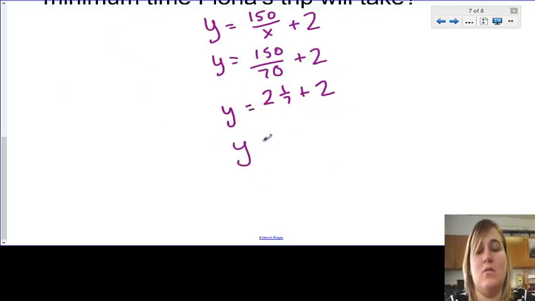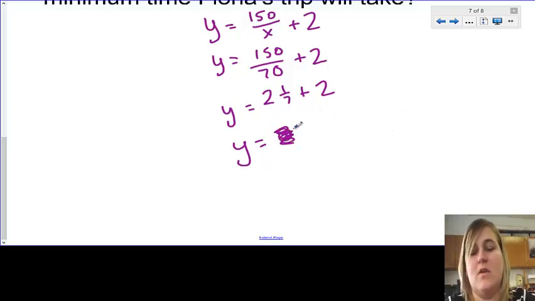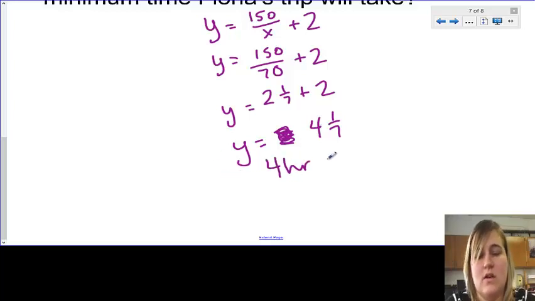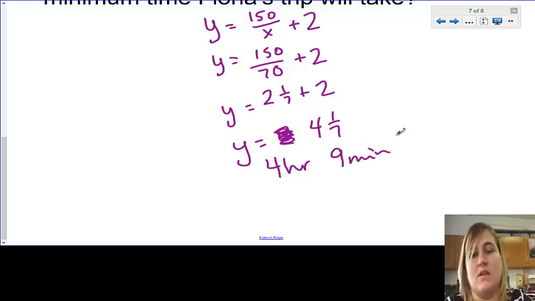So y equals 4 1/7. So this is 4 hours, and 1/7 of an hour, we could take 1/7 times 60, see about how many minutes it is. So it would be about 4 hours and 9 minutes. That's the fastest that she could do it and not be driving a ridiculous speed.